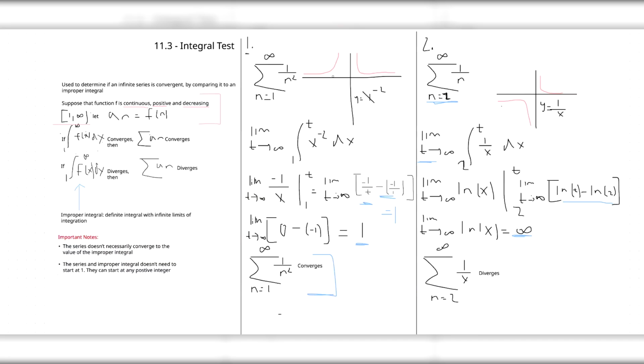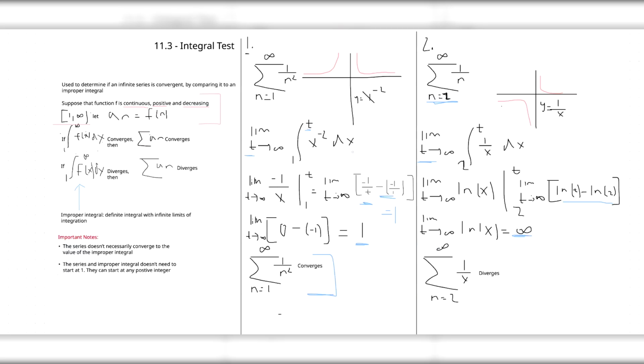Okay, so now that we've validated that we can use the integral test, let's actually use it. The first thing that we need to do is basically use a dummy variable. So here I've used t, but you could use any letter really. And you would write limit as the dummy variable approaches infinity. So limit as t approaches infinity of the integral of x to the negative second between 1 to t, right?